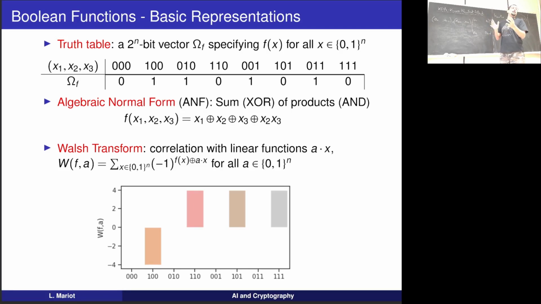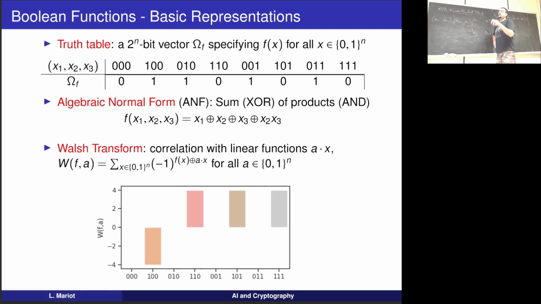For example, n is equal to 3 in our example, and we fix an order over them, for example, the lexicographic order. So we start from 0,0,0, 0,0,1, 0,1,0, 1,1,0. Here I'm using the least significant bit first order, so the least significant bit is listed first.